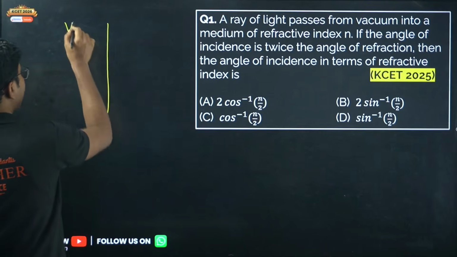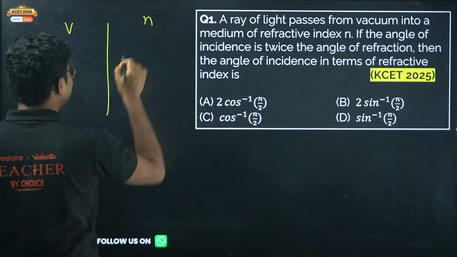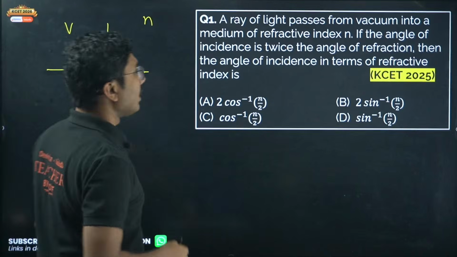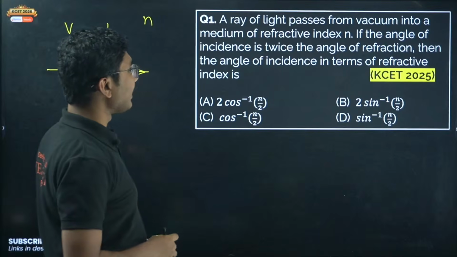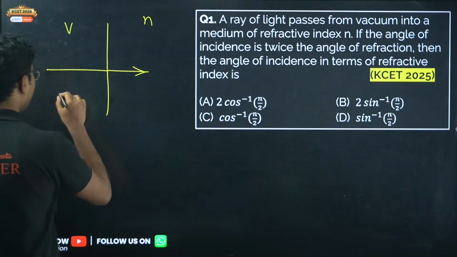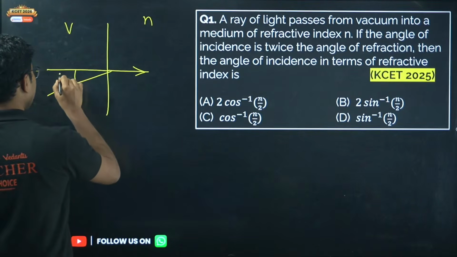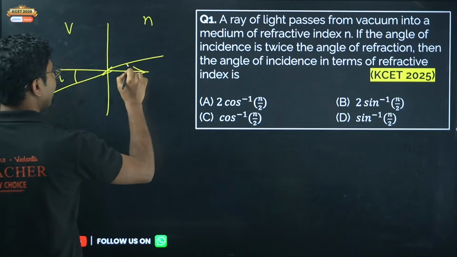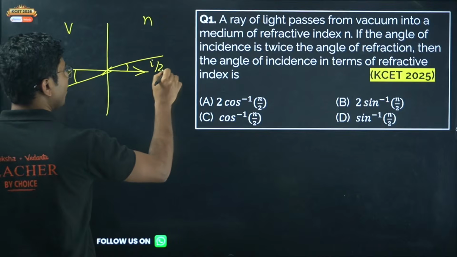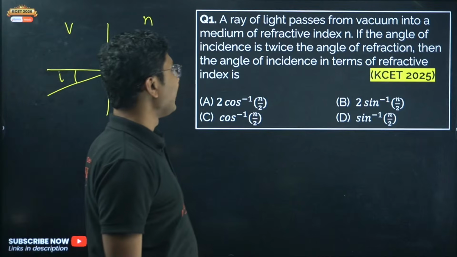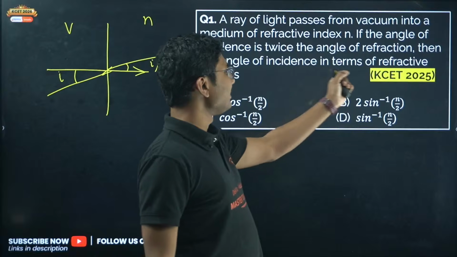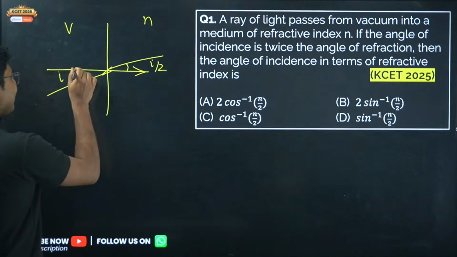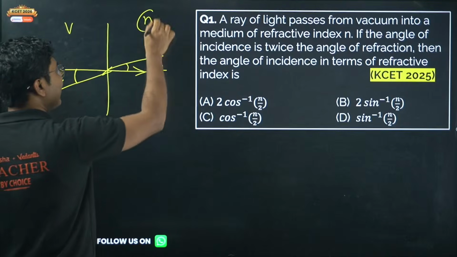Suppose this is vacuum, this is refractive index n, and it travels from this medium to this medium. If the angle of incidence is twice the angle of refraction, say the angle of incidence is I, then the angle of refraction will be I by 2. You have to find this I in terms of refractive index n.